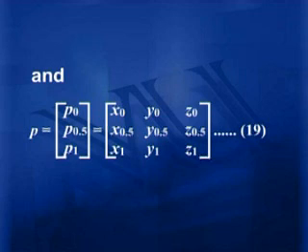So P naught would be x naught, y naught, z naught. P 0.5 would be x 0.5, y 0.5 and z 0.5, and P1 would be x1, y1, z1. Now we can make use of these two equations, 18 and 19, F and P, and redefine the same equation.